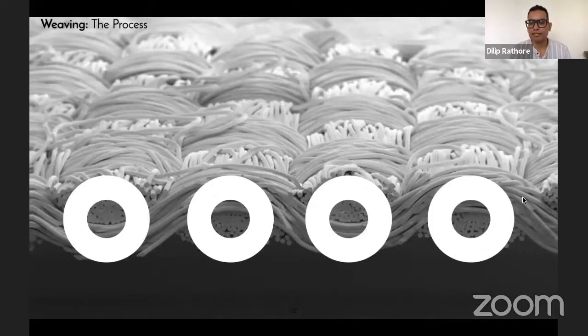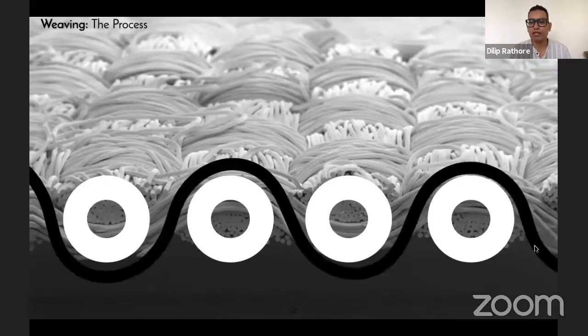And then there is a weft yarn which goes along the warp, up and down, up and down. So this gives us an understanding that warp has already been stretched. It cannot stretch further. While weft, because it is going up and down that warp yarn, it travels a distance.